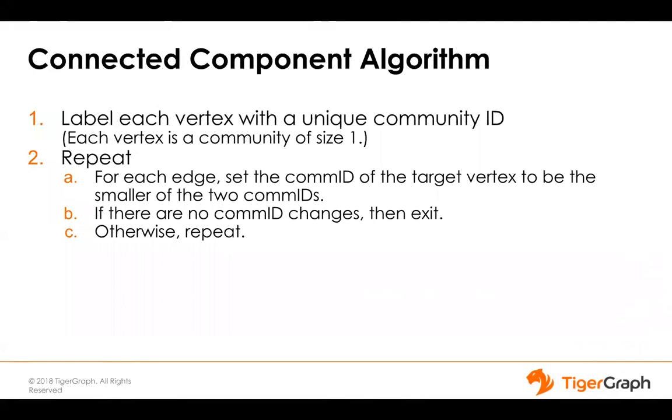It's actually not going to be quite that simple, but you can imagine that just to get an idea of what's happening. So the number of communities is going to keep going down, and the number of members is going to keep going up. You do that iteration once, and you keep repeating until there are no more changes. When you've got no more changes, things have stabilized and you're done.